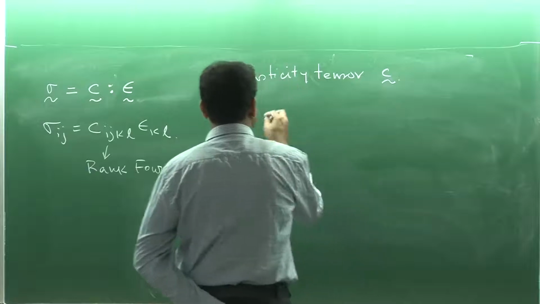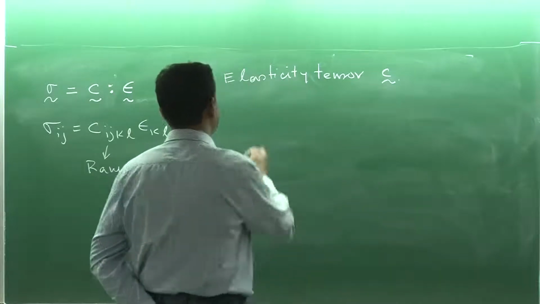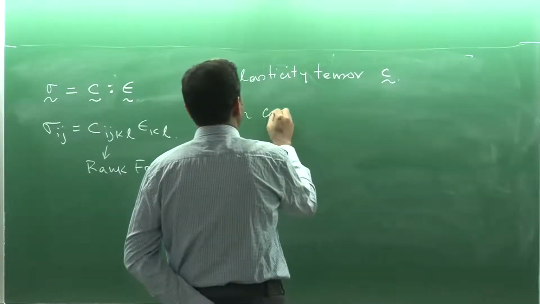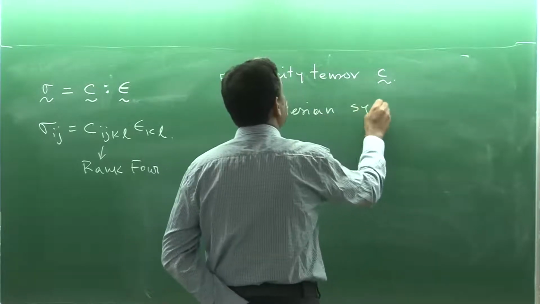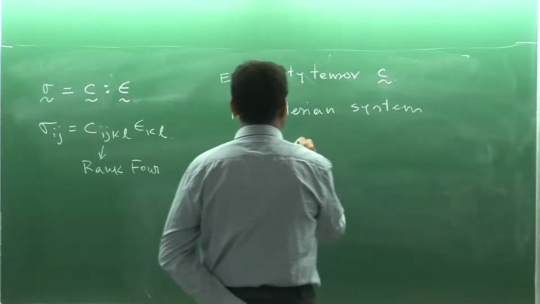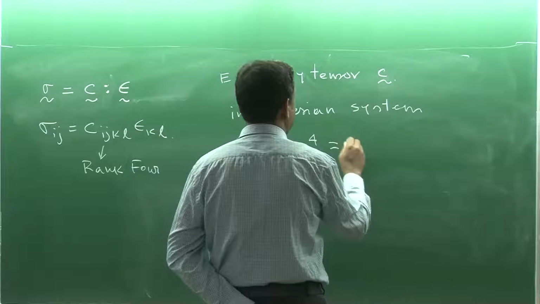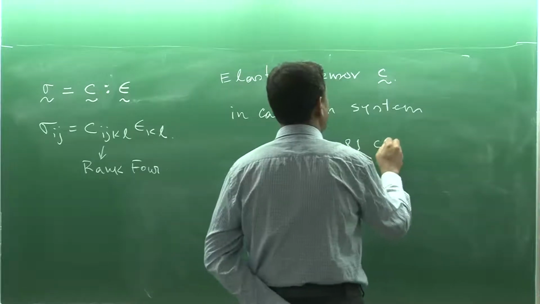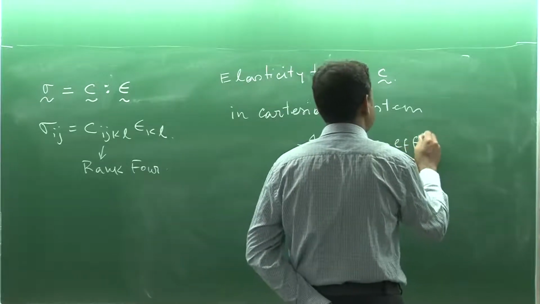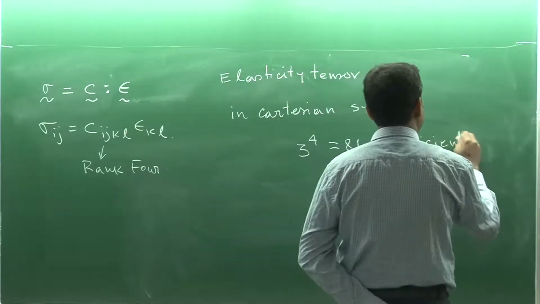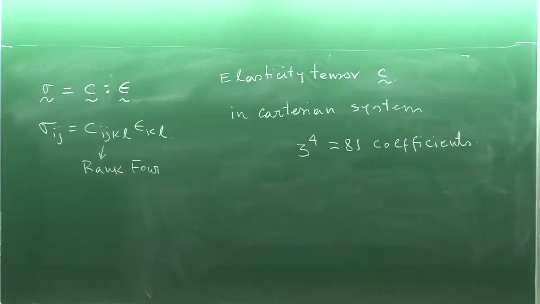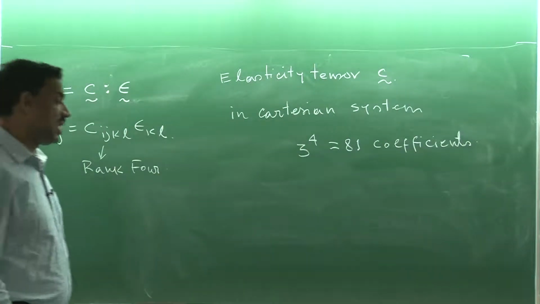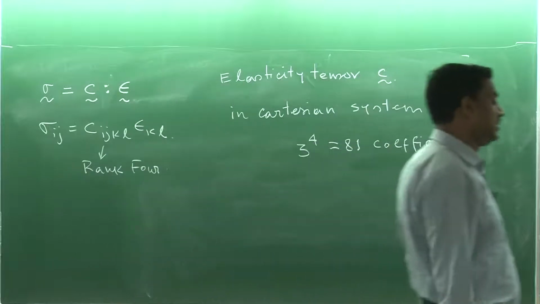So, how many components will it have in the Cartesian system? In a 3D Cartesian system, it has 3 to the power 4, so basically 81 components. So, the elasticity tensor. Now, we will see how we can reduce the elasticity tensor.